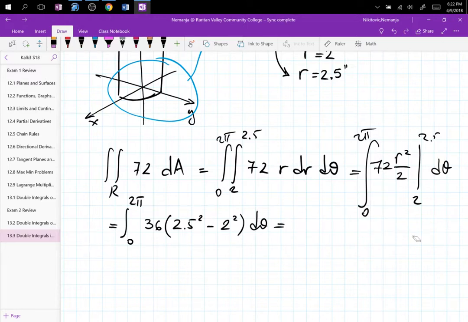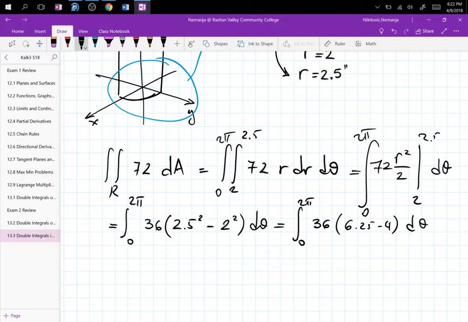So you can kick 36 out. I compute the whole thing. 0 to 2 pi, 36 times, that's 6.25 minus 4 d theta.